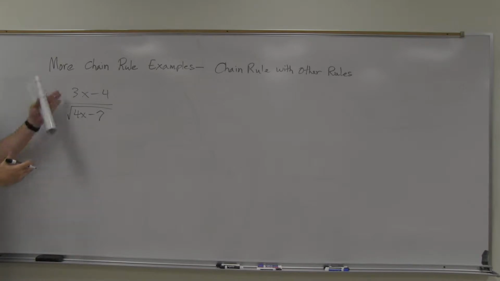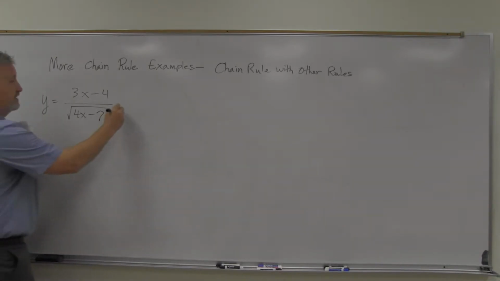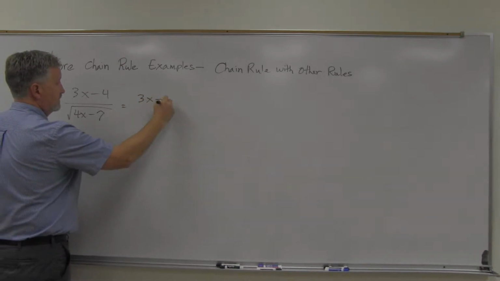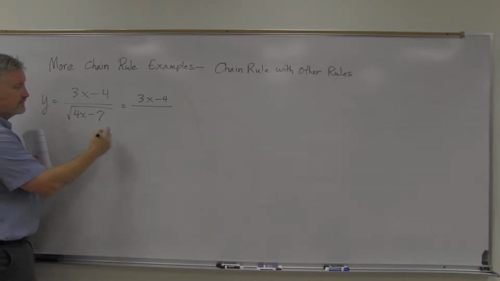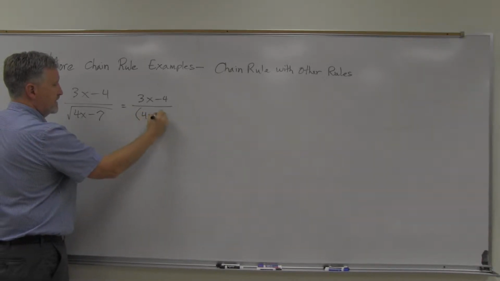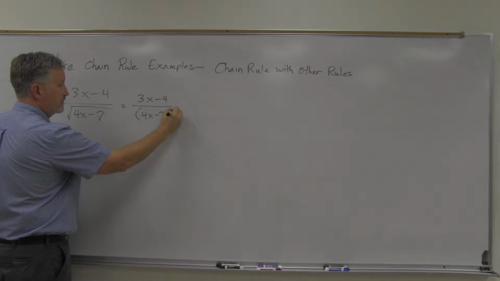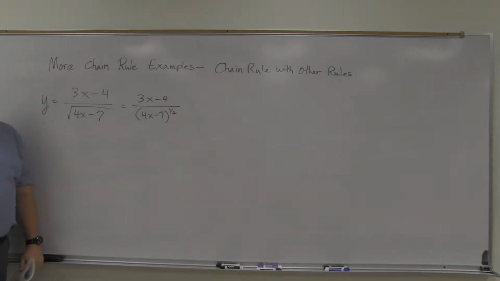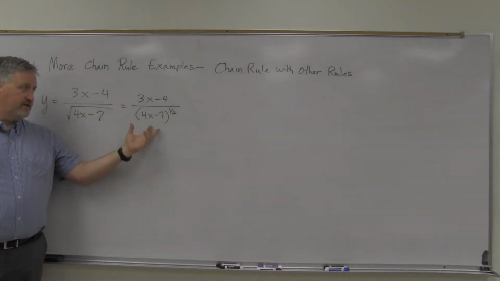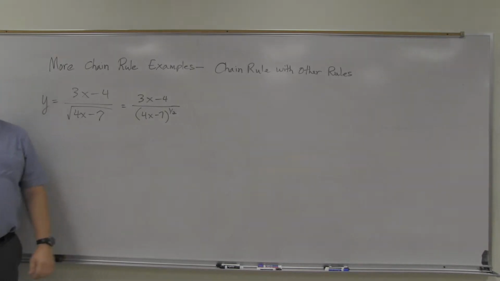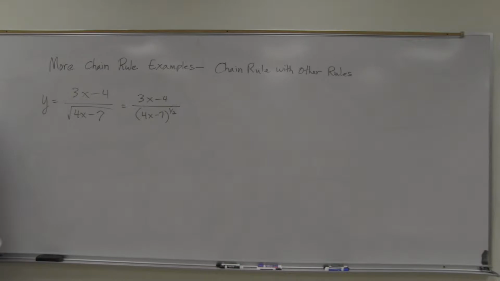The chain rule comes in because if I think about that denominator, square root of 4x minus 7, isn't that (4x minus 7) to the 1/2 power? That's where the chain rule is going to come in. So I've got a quotient rule, but I'm also going to have chain rule because this denominator has an inside and outside part.